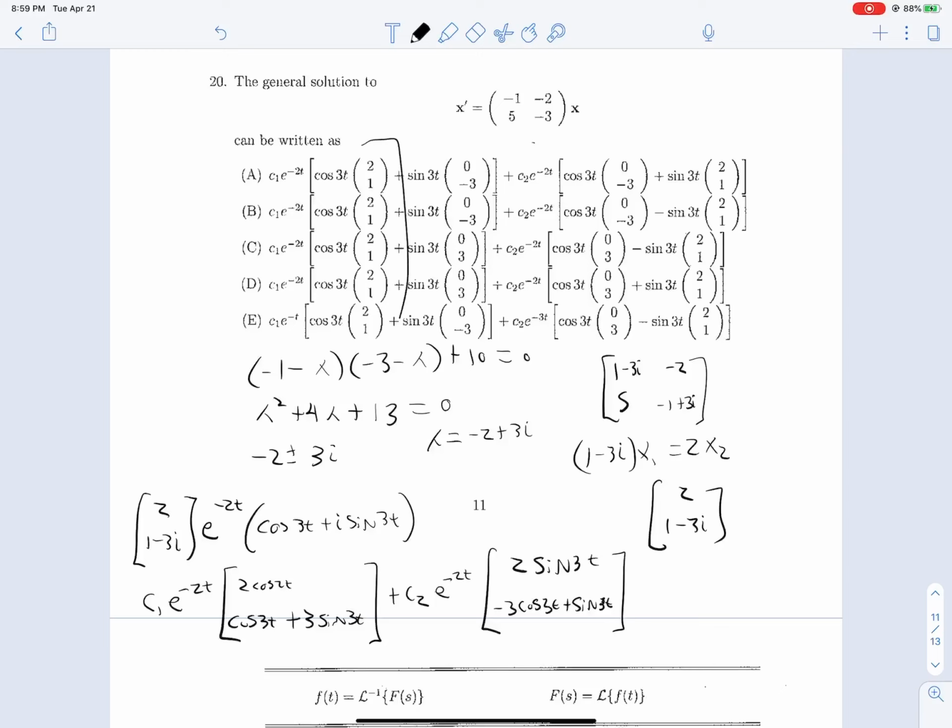So we have our cosine 3t times 2, 1. That's the vector made out of those two components. And then we should have 0, 3. So that brings us to these two. Then cosine, let's see, did I screw something up here?